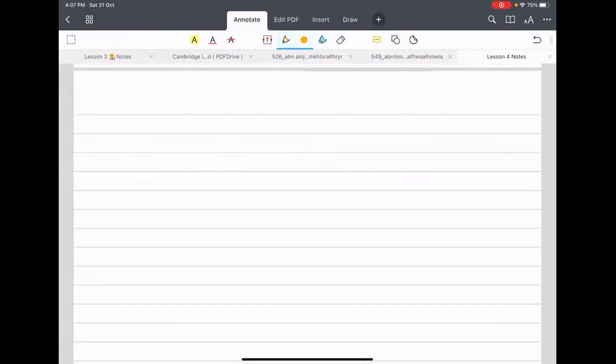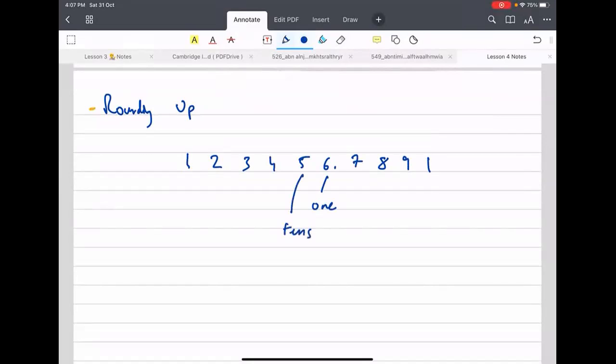So let's take some examples. Let's say rounding. So you said rounding up. We have 1, 2, 3, 4, 5, 6, 7, 8, 9. So this is to the nearest ones, nearest tens, nearest hundreds, thousands, ten thousands.